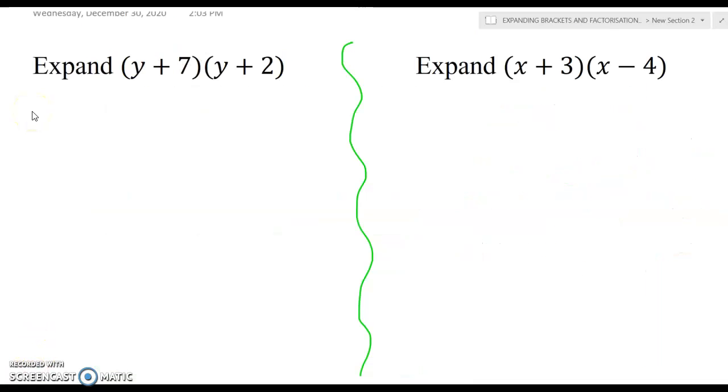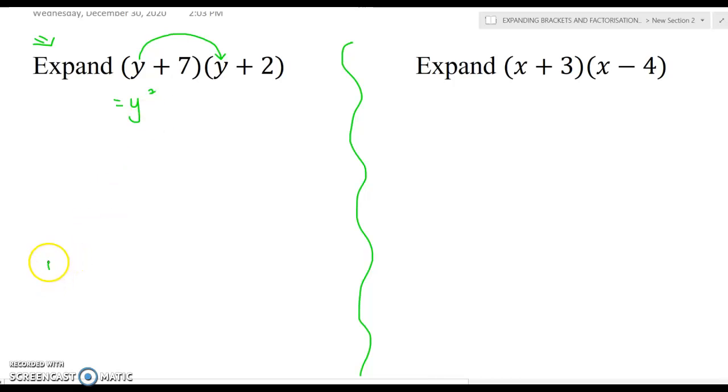Okay, so let's look at this example here on the left hand side. You want to expand the brackets y plus 7, and the second bracket is y plus 2. Just like what we did before, first term by the first term in the second bracket. So y by y, and that will give me y squared.